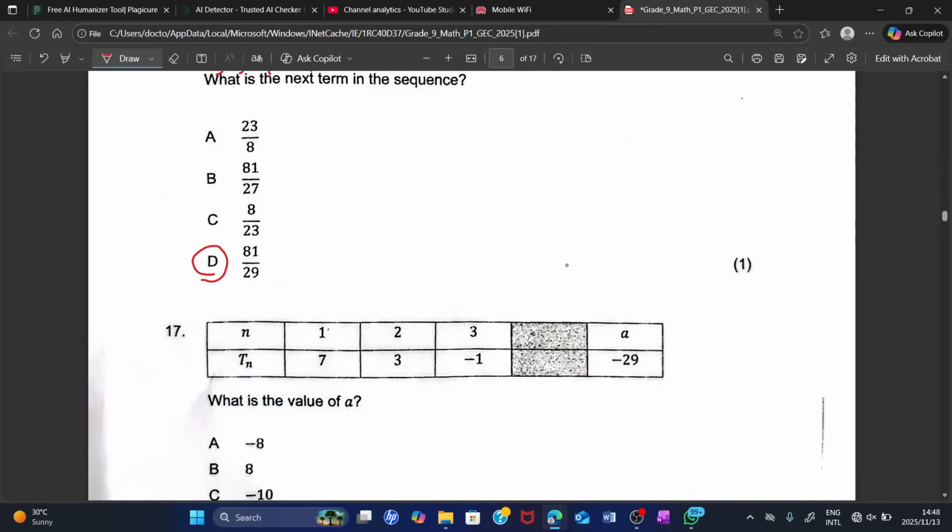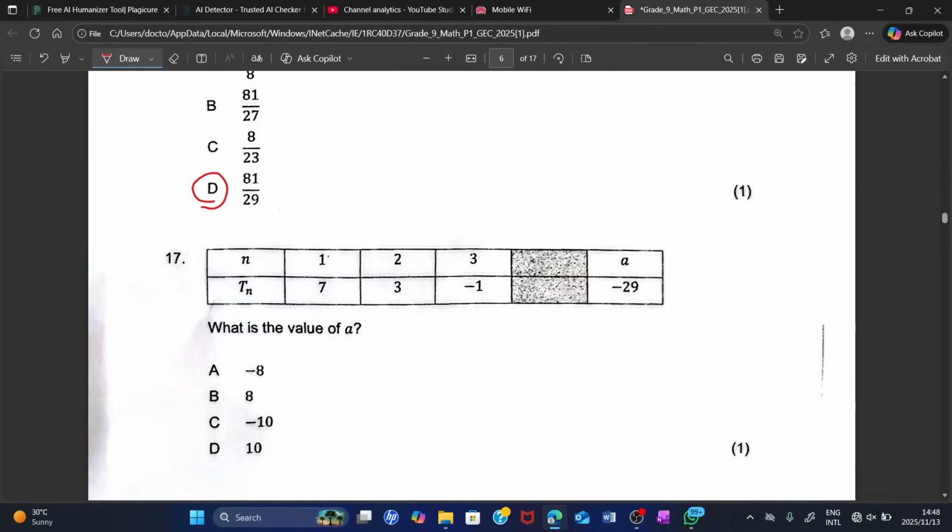All right. Now, here is the question. It says that n and Tn, 1 over 7, 1 and 7, 2 and 3. You see the difference between 7 and 3, it's minus 4.